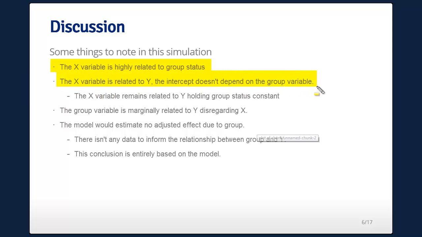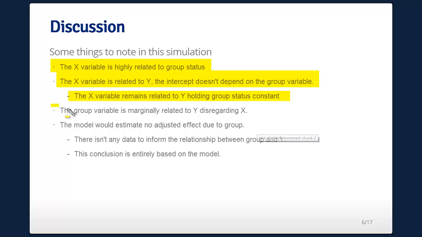The variable x is related to y, but the intercept doesn't appear to depend on the group variable, of course, but we have no data to evaluate the impact of the group. For example, in the pink group, we don't have any data near the intercept, so everything is dependent on the model. So the x variable remains related to y, holding group status constant.